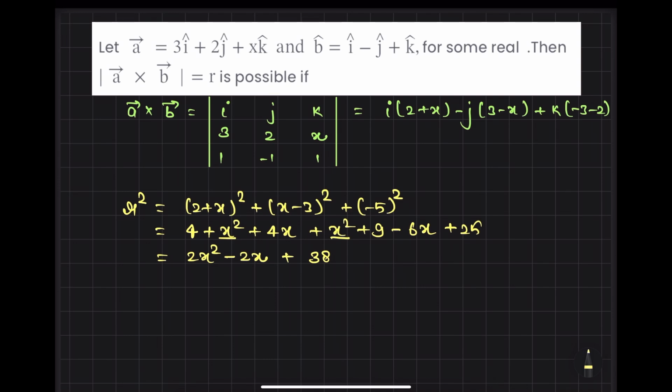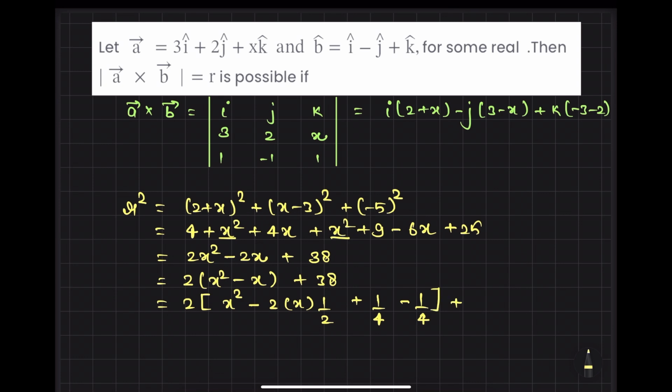Now I have to find the range of this r. So I'll use the completing the square method. I will take 2 common from x square minus x, plus 38. Now I'll make it a square, so it is a square minus 2ab plus b square. According to us a is x, and to make it 2ab I have to multiply by 1 by 2. If you have added something, you have to subtract something.